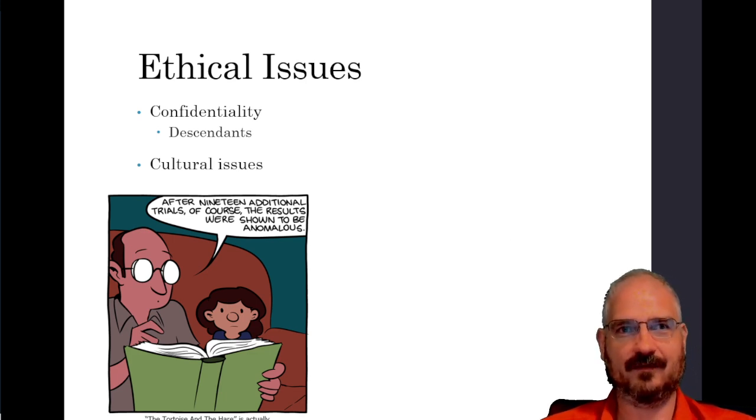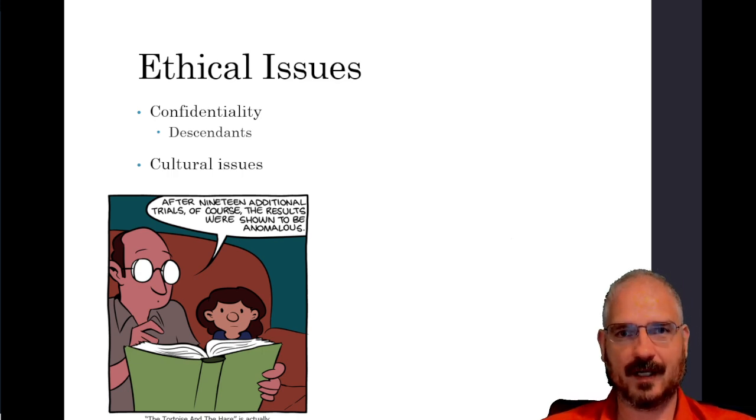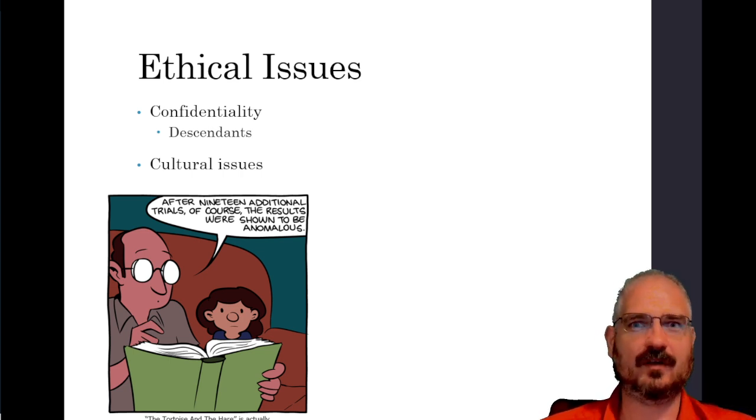Some cultures have cultural norms that are varied, right? So I know in some cultures, if a person loses a spouse, they're expected to be in mourning for 1 year.